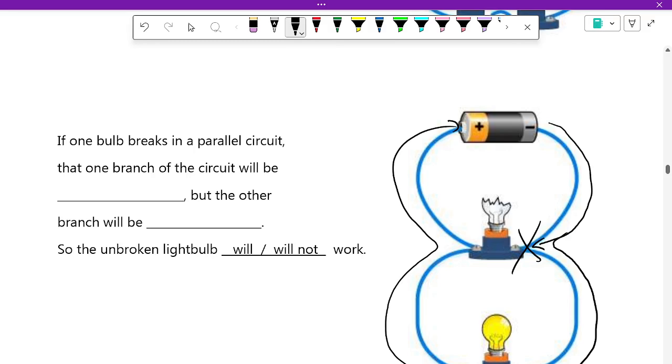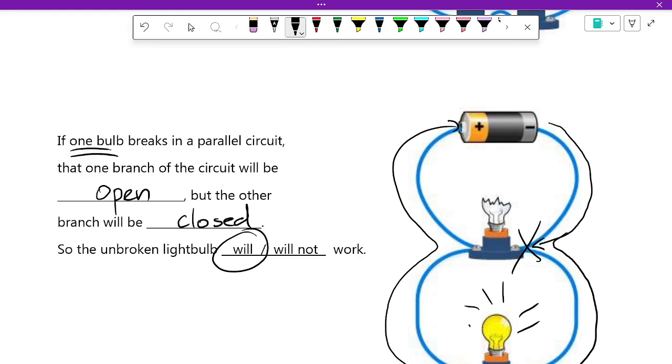So if one bulb breaks in a parallel circuit, one branch of the circuit will be open and the other will be closed, and so the unbroken bulb will work. So that's what they have nowadays. If one bulb burns out, you don't have to worry about the other ones.